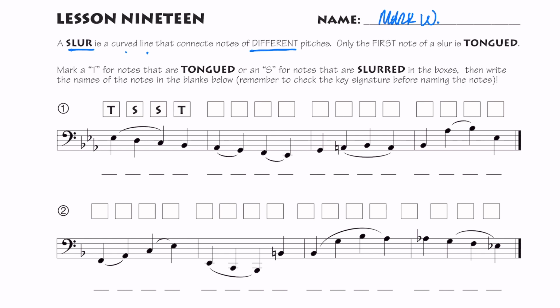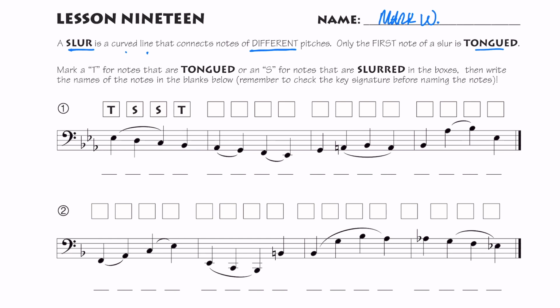The first note of a slur is tongued. This really applies to wind instruments, not necessarily to percussionists, even though you need to learn this to know how to make notes legato, or connected, versus notes that are disconnected.